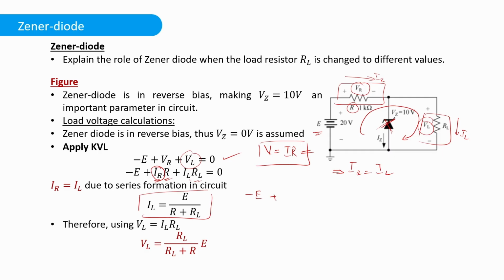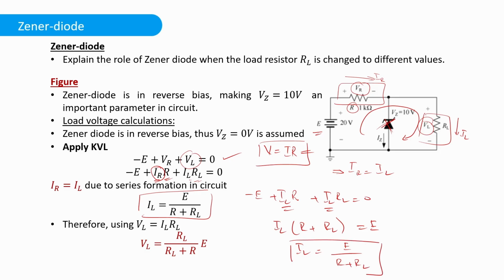Minus E plus IL R plus IL RL equals 0. Then I take IL common and move everything to the other side. So IL times R plus RL is equal to E, and IL is equal to E divided by R plus RL.